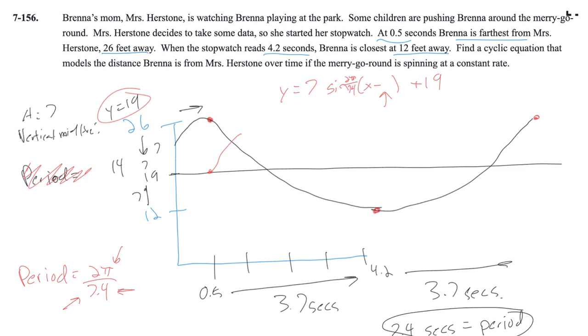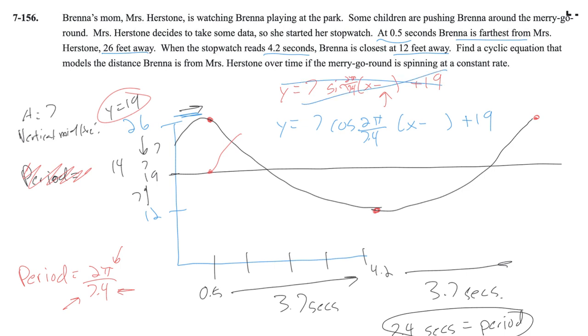This is actually where I would probably switch this to be a cosine graph, because now I just need to account for this half second that's happening to get me to the top of that graph. So I'm going to use a cosine graph instead of a sine graph, because it feels like it's going to be a little bit easier to handle. Okay, so I'm skipping this one now.